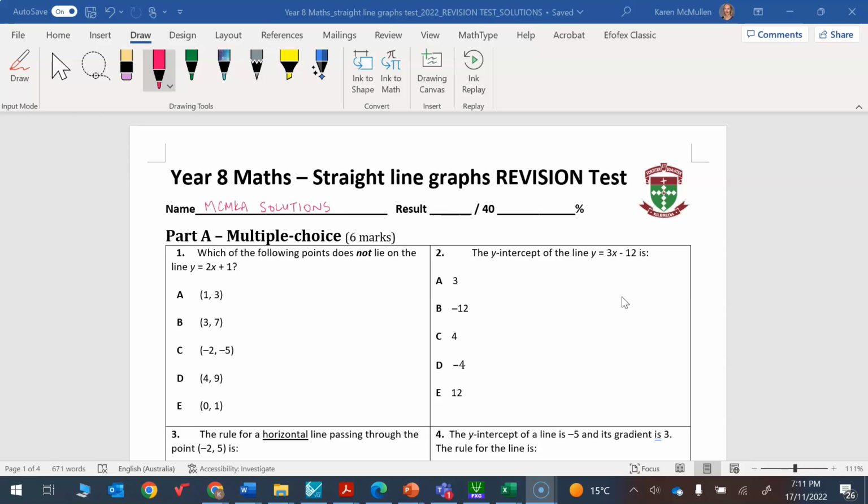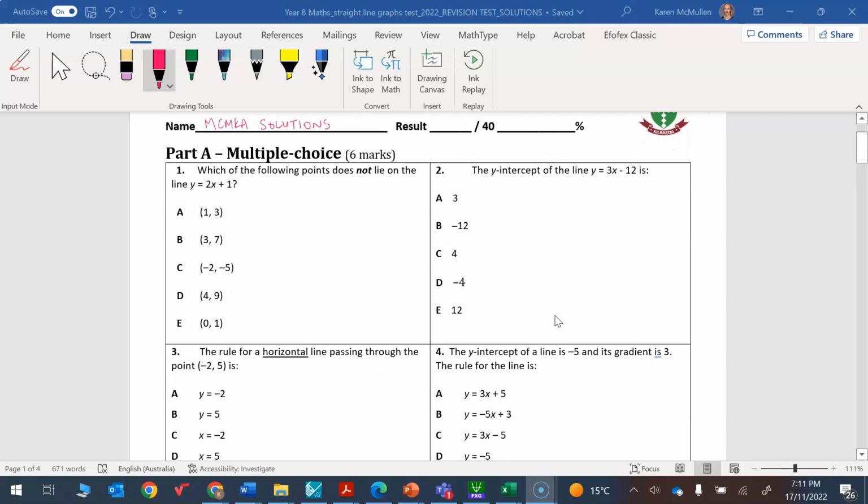In part A, we've got 6 multiple choice questions. First of all, which of the following points does not lie on the line y equals 2x plus 1? What we need to do is just substitute in each point. Remember, each point is (x, y), so it has an x value and a y value.